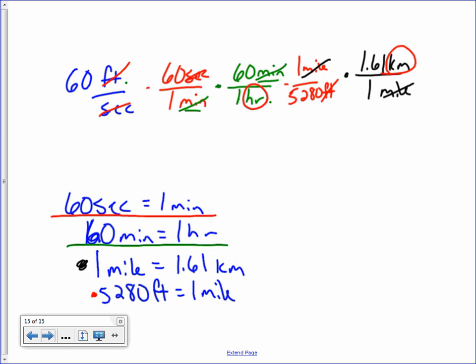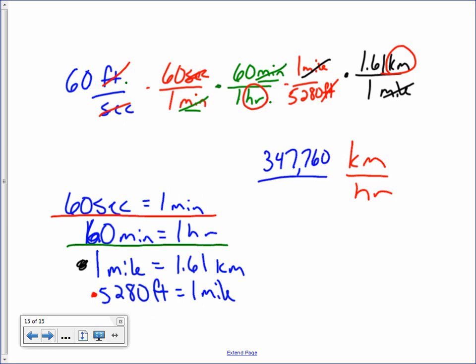So now, how do I figure it out? Across the top, I have 60 times 60 times 60 times 1.61, which equals a very large number, 347,760.